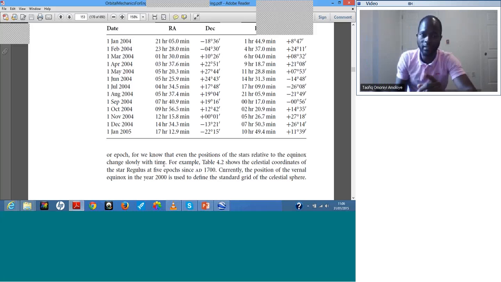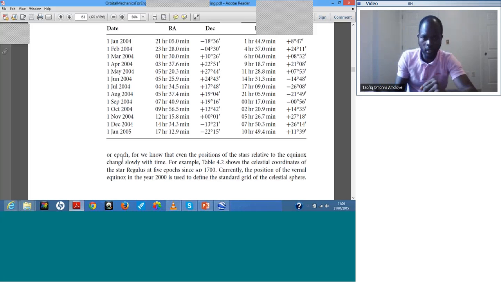That is just to give us a real feel of the statement that gamma, the vernal equinox line, is only defined for some time or epoch.